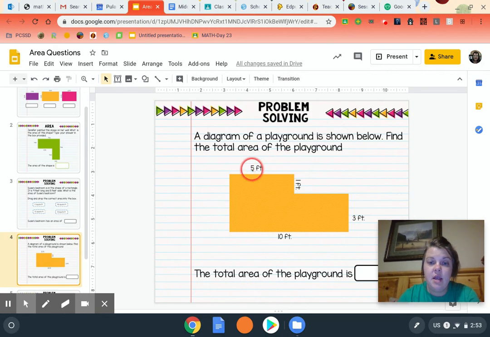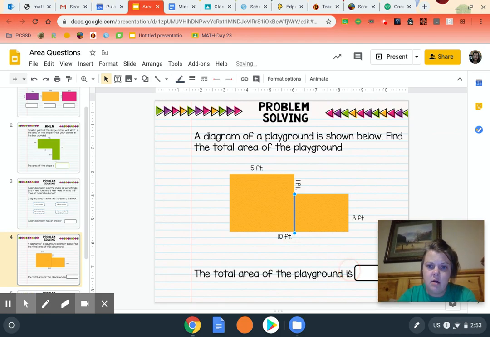You cannot say 3 times 10 and get this, because we have this little piece that's been cut out. Use your line tool. You can separate it here. If you separated it here, you would have a 4. This line right here would be 4 because of 1 plus 3. So this would be 4 times 5.